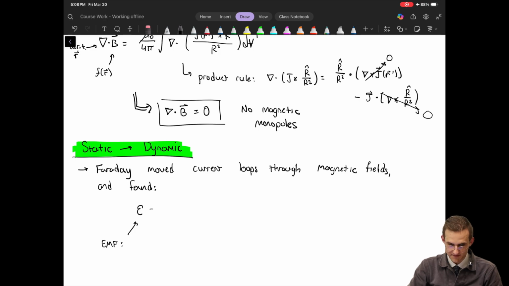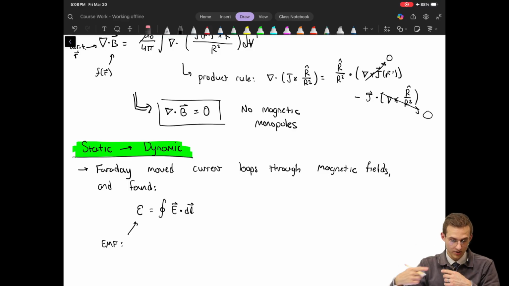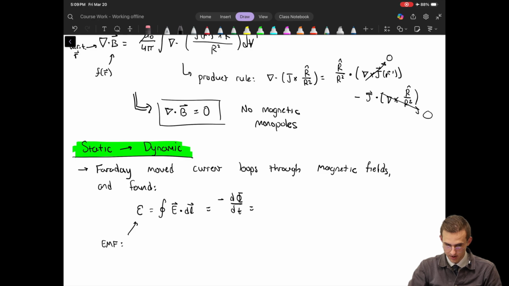The way it's defined is the loop integral of E dot dl, along the current loop, is equal to minus the time rate of change of the magnetic flux through the surface defined by the current loop. You can write that as the integral of dB dt dot dA. B dot dA is where you get that flux value.